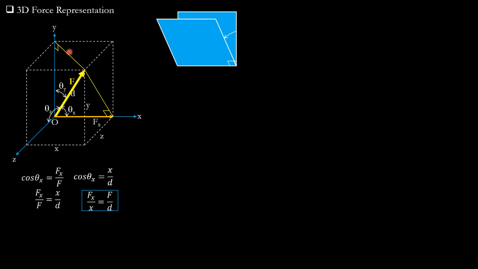Likewise, this is the horizontal diagonal line on the ceiling. It's horizontal, right? And the y-axis is vertical. Therefore, the horizontal line and the vertical line intersect at 90 degrees, so obviously it's the same as here. That's why cosine of theta y equals Fy divided by F, and in terms of distance, y divided by d.